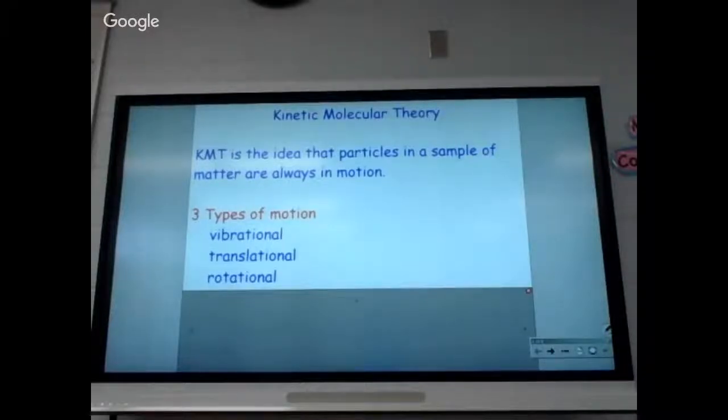Rotational would be what? Spinning. And vibrational would be what? Vibrating, shaking. If any of you have relatives, generally older people, who have Parkinson's or something like that, they will do what? They just shake.